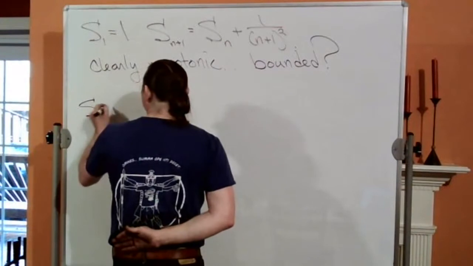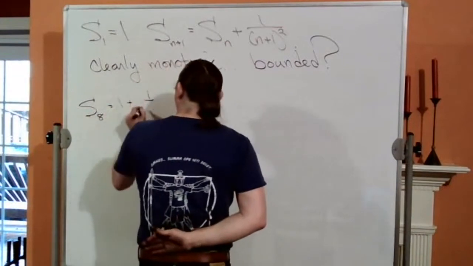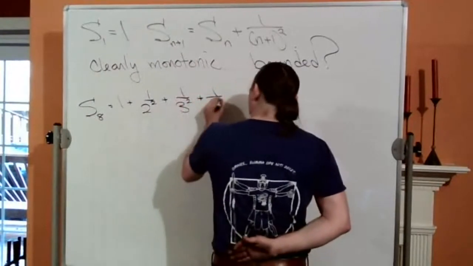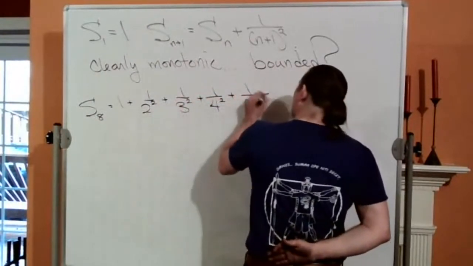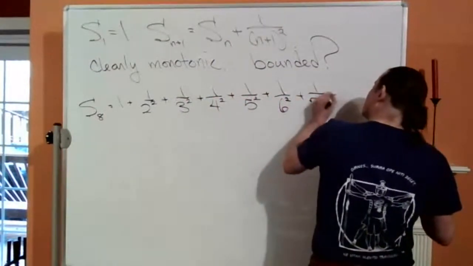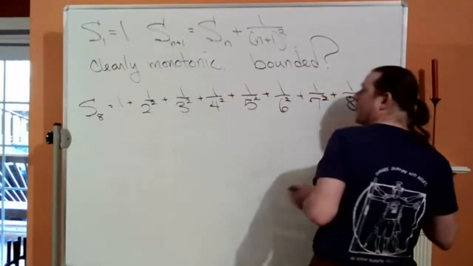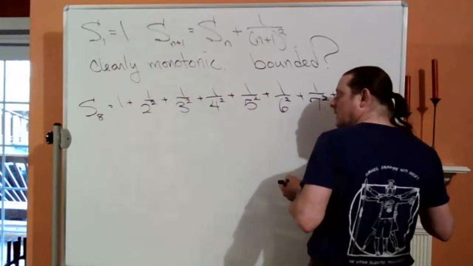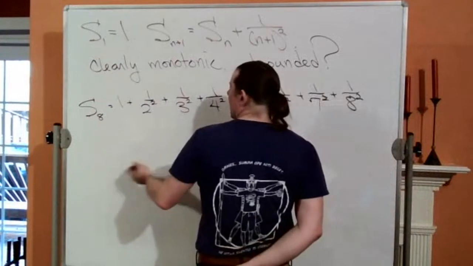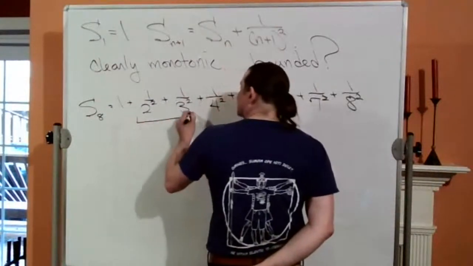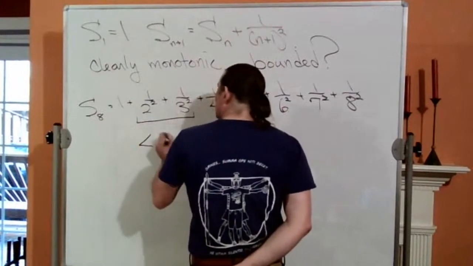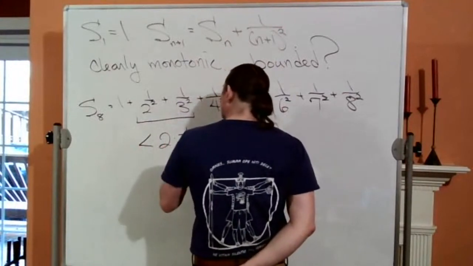let's do S8. That's going to be 1 plus 1 over 2 squared plus 1 over 3 squared plus 1 over 4 squared plus 1 over 5 squared plus 1 over 6 squared, 1 over 7 squared, 1 over 8 squared. All right? If we look at each of these, we could say, hey, this sum is smaller than 2 times 1 over 2 squared.